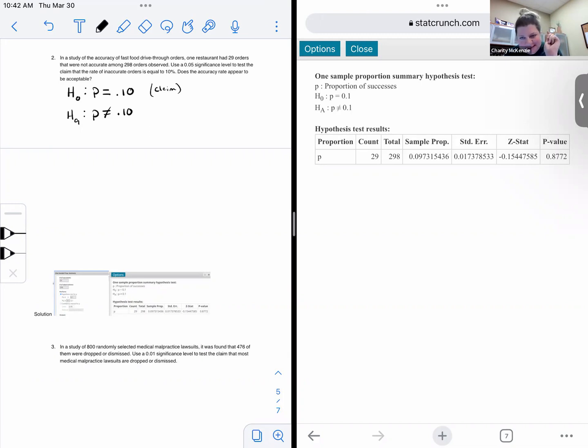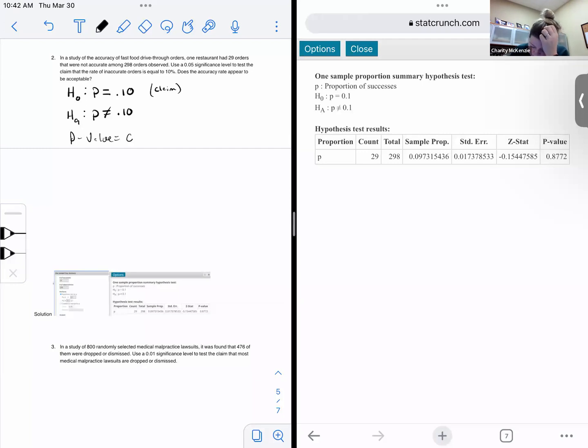It's a different number, we just ignore it. Our z-stat is negative 0.15 and our p-value is 0.87. That z-stat really just tells me I'm below on this one. We might have to write that into MyMathLab, but honestly, we're not going to use the method that uses that z-stat.